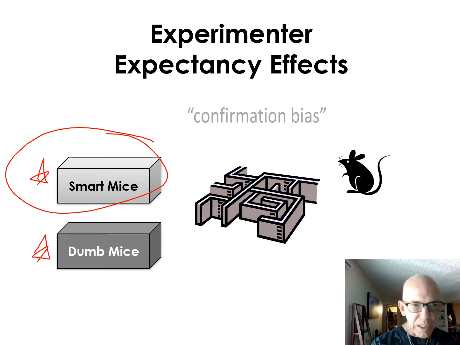He expected the smart mice to run it faster, and he probably subconsciously spent more time with them, was more patient with them, was less patient with these guys. Look at these dummies, put them back in the box faster. Didn't even think about it, but that subtle edge led to a confirmation of the theory they wanted. We talked about this with social constructionism, right?